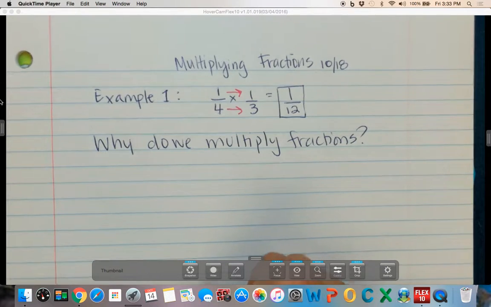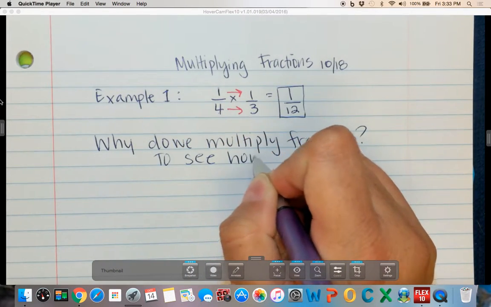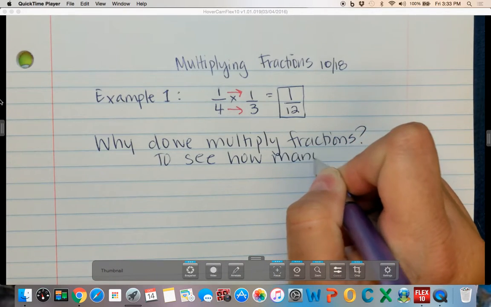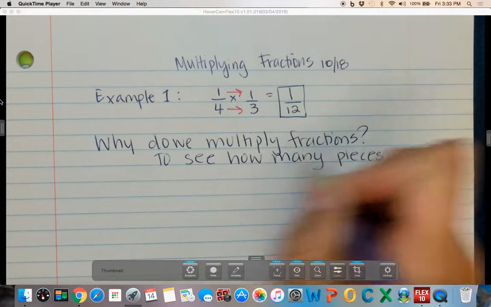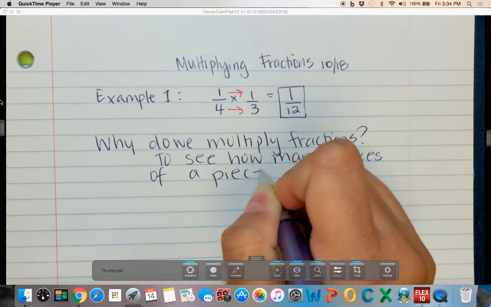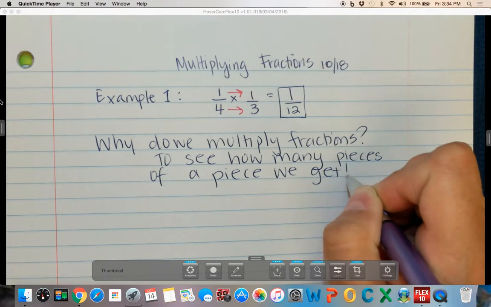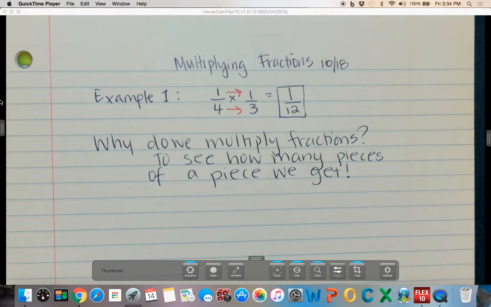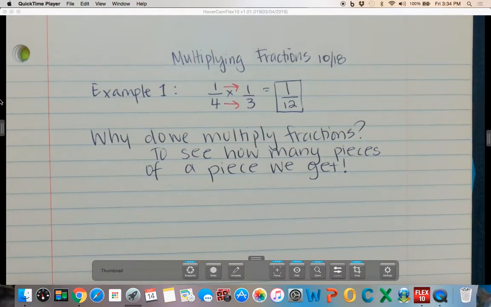And the answer is to see how many pieces of a piece we get.